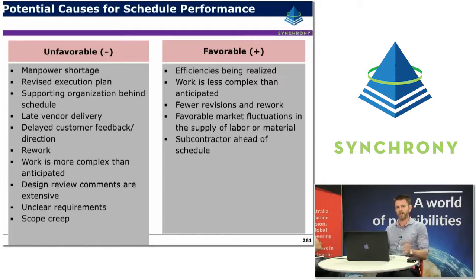There are all sorts of things that can impact a schedule negatively. And of course on the favourable side, it's almost the opposite. So you can have efficiencies being realised, work being less complex than anticipated, fewer revisions and rework required, favourable market conditions, or a subcontractor being ahead of schedule.